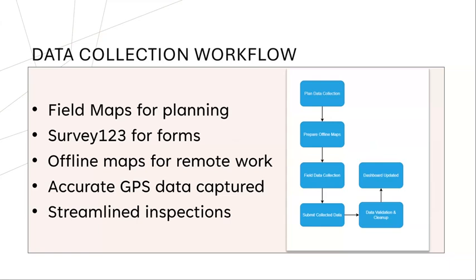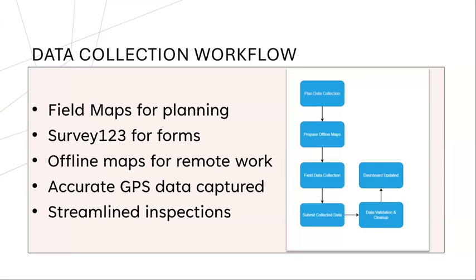Part of the data collection, right, was Field Maps for planning so they can visualize where they need to go. Then they can prepare their offline maps, meaning they download where they're working or they're syncing where they're working. And then field data collection, Survey123 for some of the simpler stuff. We just used Field Maps forms built into Field Maps.